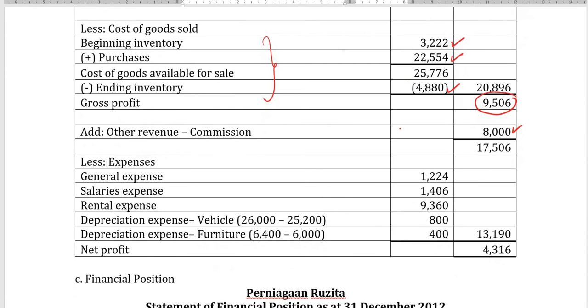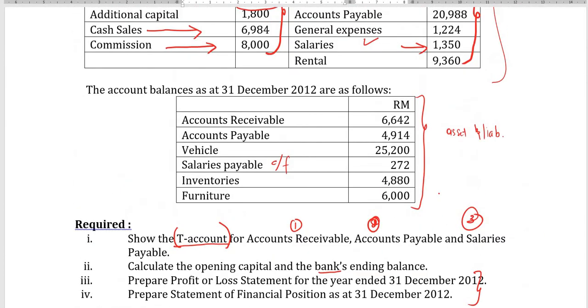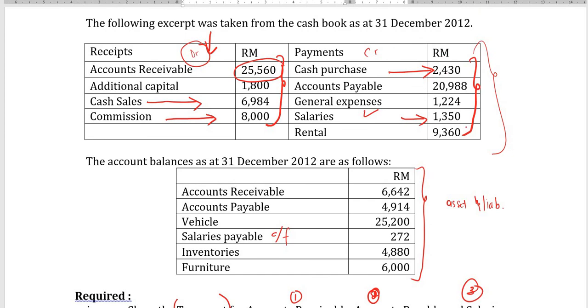Okay, so you have revenue, campur, dapat ni. So kita akan minus general expenses taken from the question. Salaries expense, the adjustment you made earlier. Batu rental, rental 9360. Okay, rental ambil direct sebab dia tak ada baki, 9360.